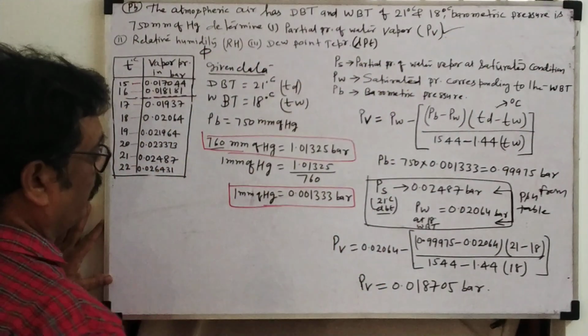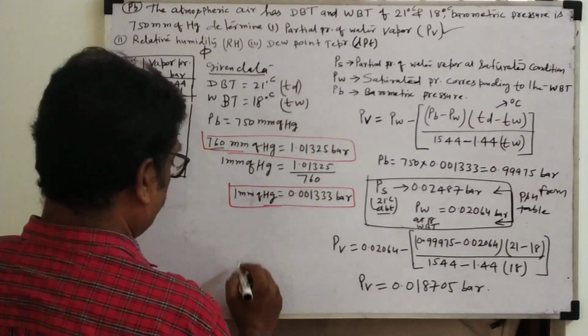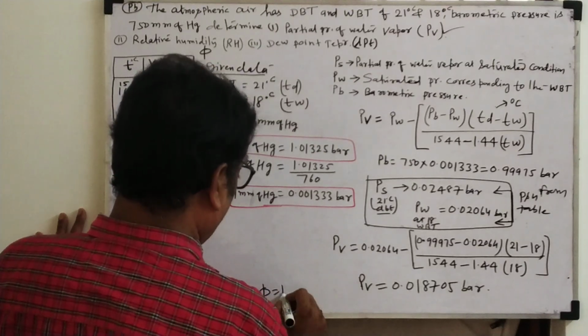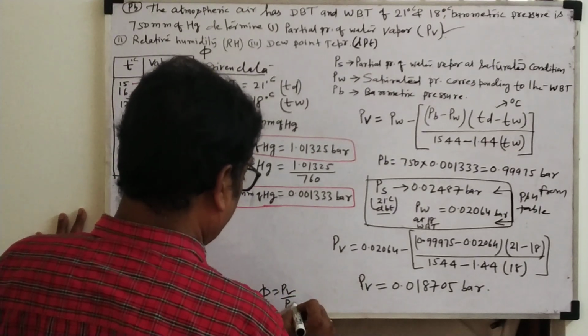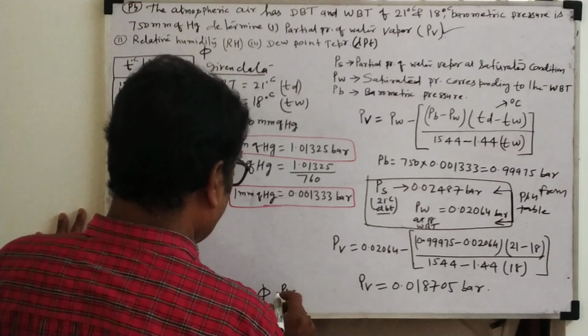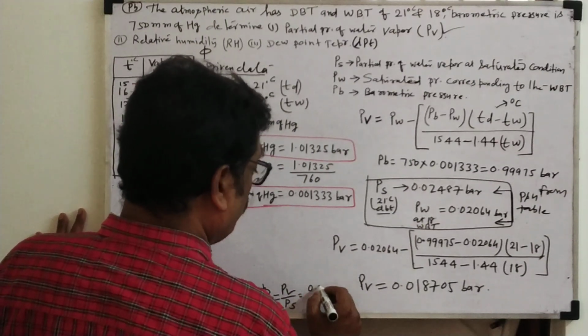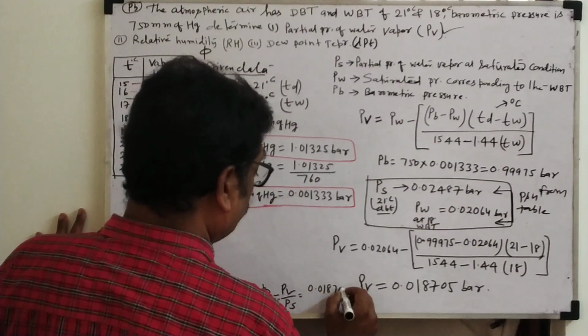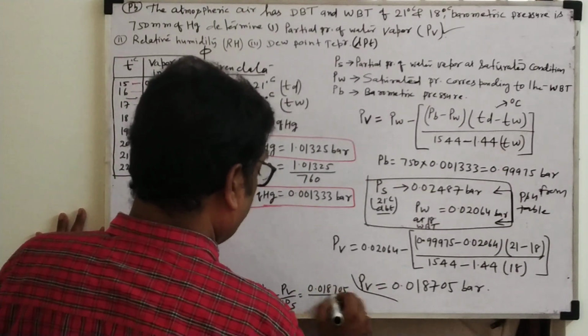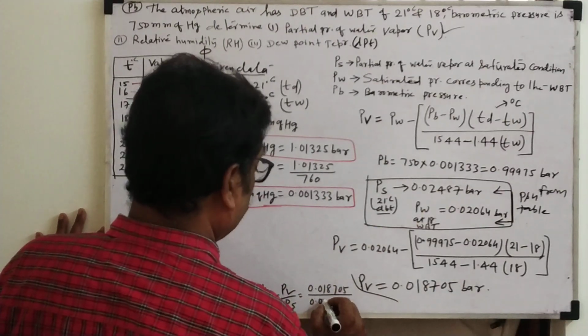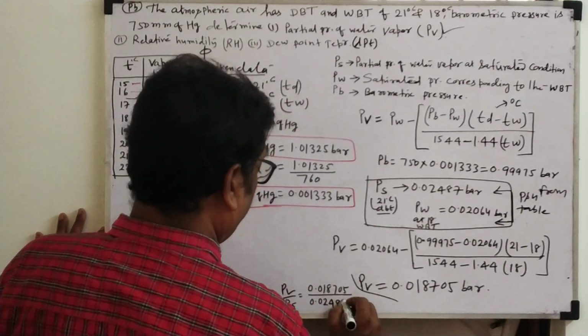Now here, relative humidity and degree of saturation. So how will we get the relative humidity value? This formula will be PV divided by PS. So the PV value we just got, 0.018705, divided by PS value 0.02487.